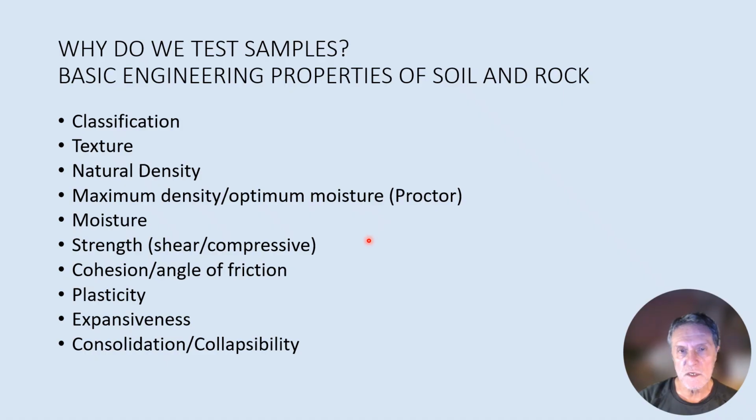Bedrock, of course, is much denser, much stronger. So the main qualities of rock mass that we want to look for are fracture patterns rather than actual density and moisture and strength. So we do a lot of tests on soil samples.